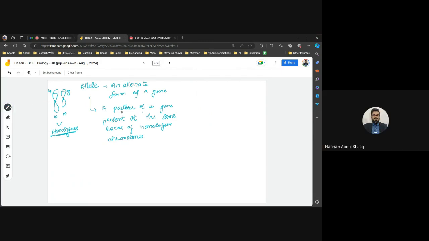Yeah. So it means that every gene we get from parents has an allele. But the reality is the allele can be same. A is an allele to A. The alleles can be same if we get both same alleles from our parents.